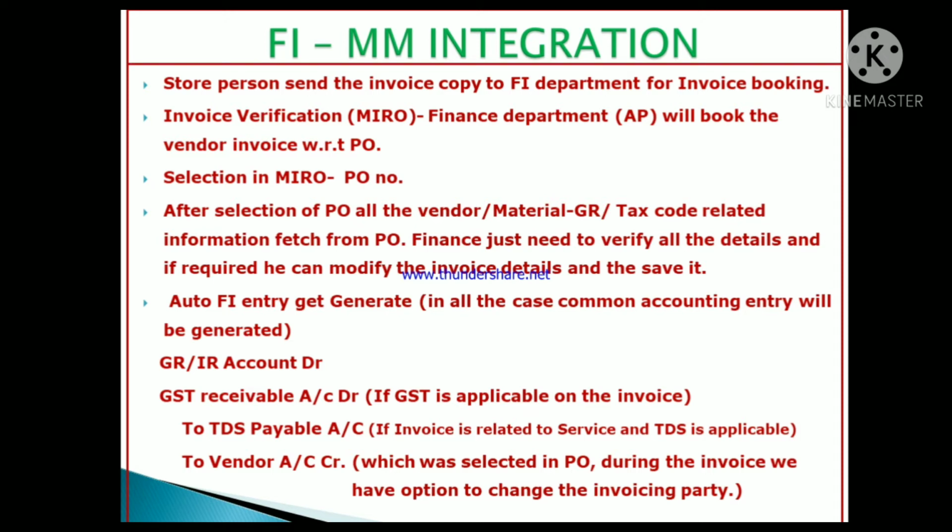TDS payable account is credited in case of services where TDS is applicable, and the vendor account will be credited. The vendor account will be credited the same as selected in the PO. The vendor which we have selected in the PO, that vendor account will be credited.